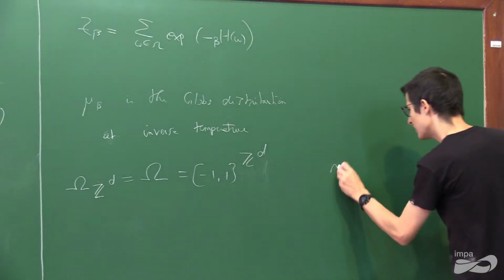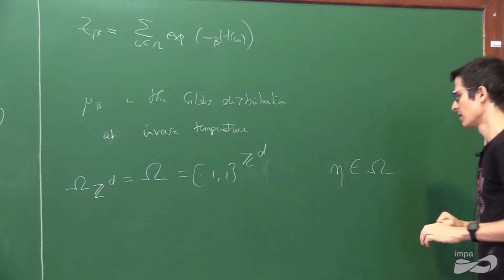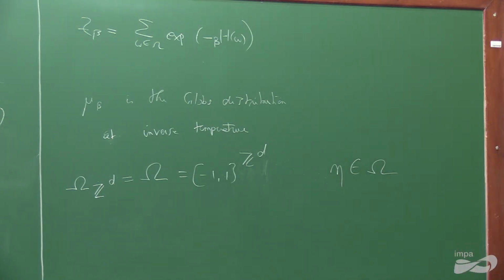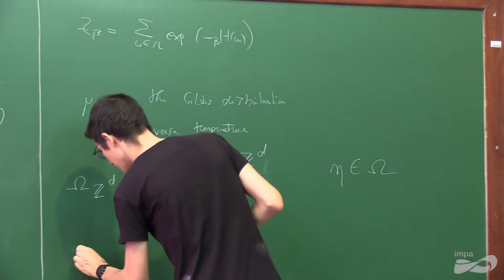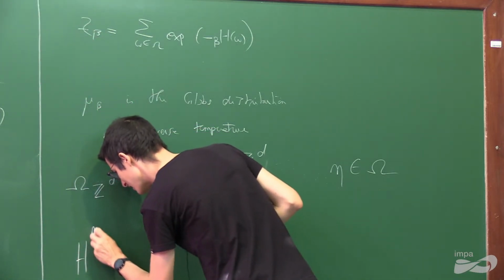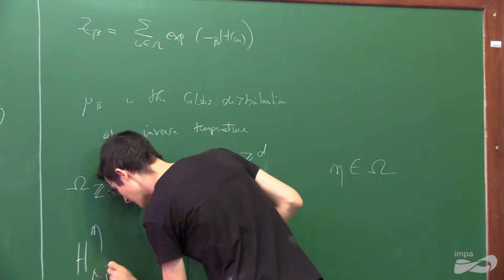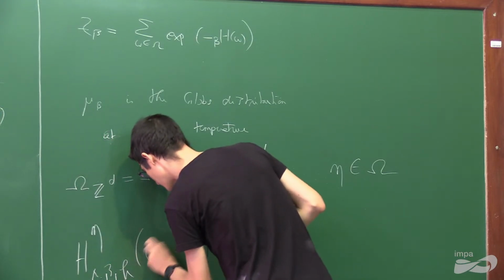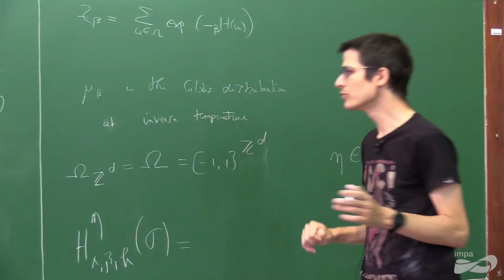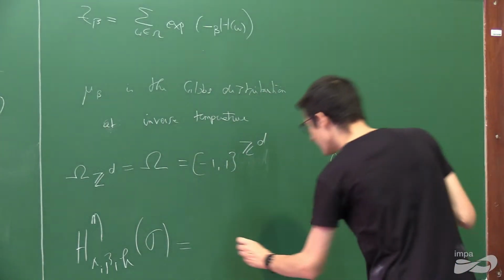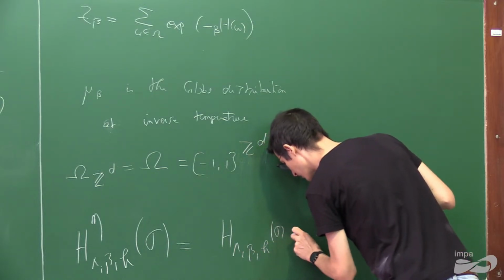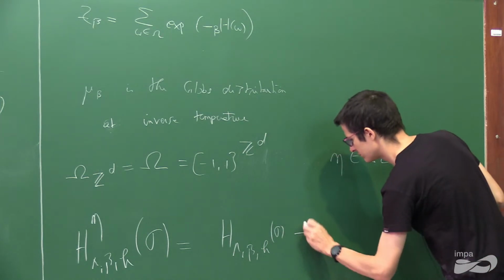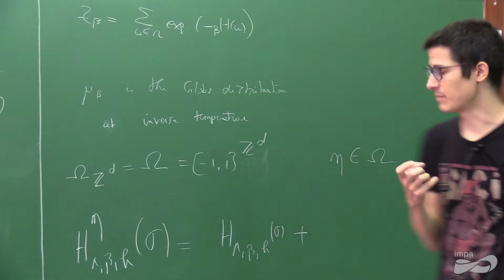And given such a spin configuration, what I'm going to define now is a new energy functional, which is basically just the one we had before, but where we are adding interaction with neighbors.